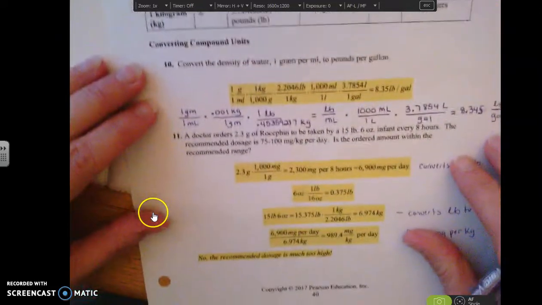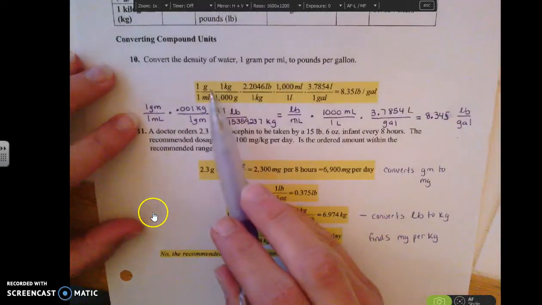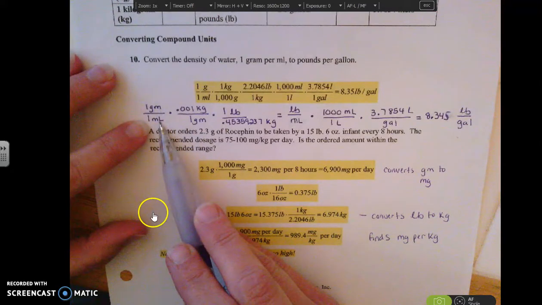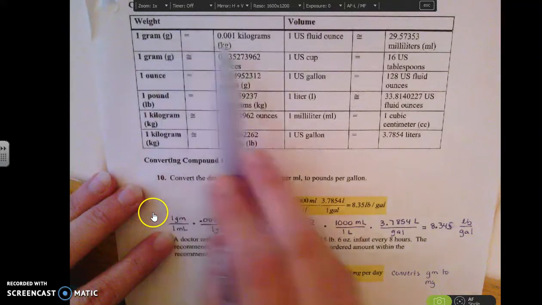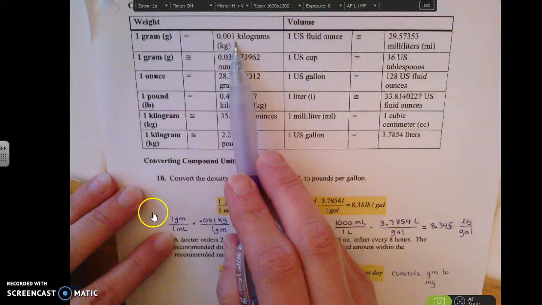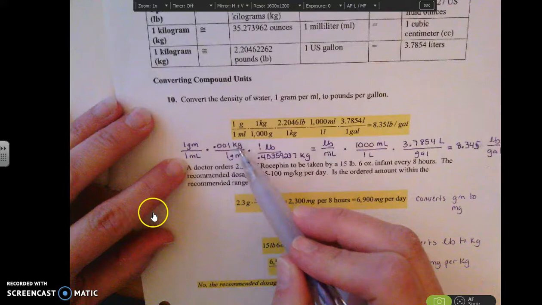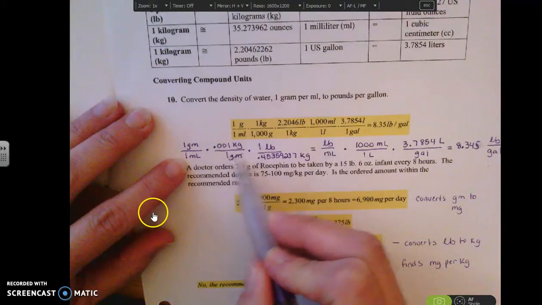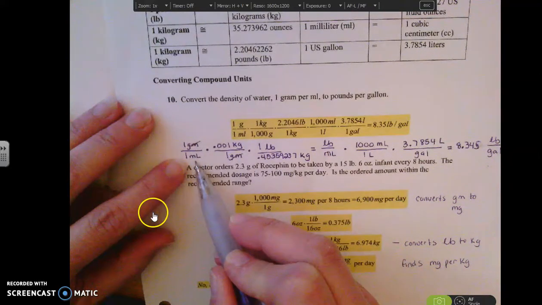So I did it down here, and I did it a little bit differently than I did it up here. So here I have grams per milliliters. Using my chart, 1 gram equals 0.001 kilograms. So if I put the 0.001 kilograms over grams, notice that the grams will cancel out and I'd be left with kilograms over milliliters.